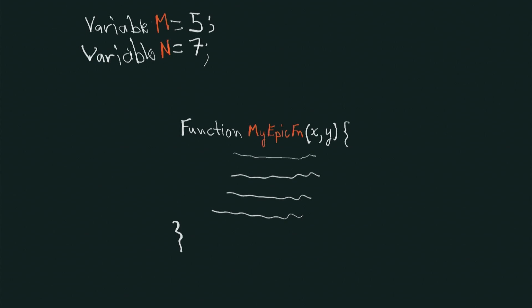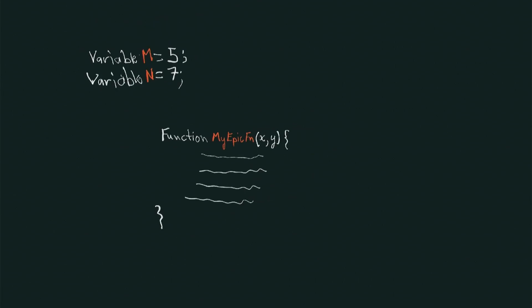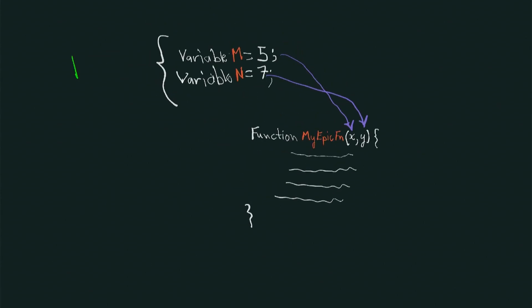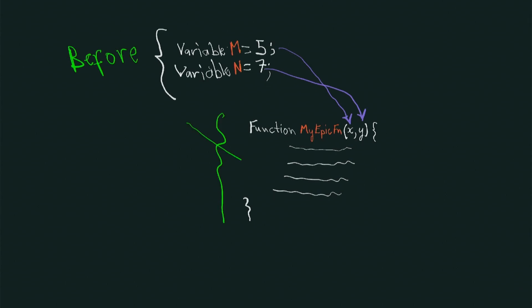We have these variables and we expect this function to take them as inputs. This one will go here and this one will go here. And this is before we do some calculation with this function. The variables have 5 and 7.